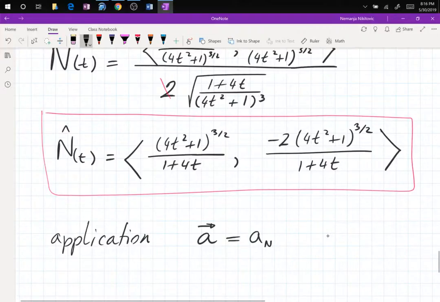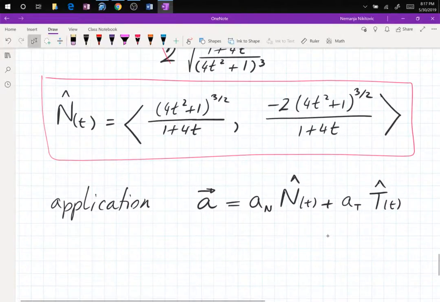is the normal component a_N times the normal vector N of t, plus the tangential component a_T times the unit tangent vector T. And this is not in i and j components, ijk, because acceleration can go in any direction, not just ijk.